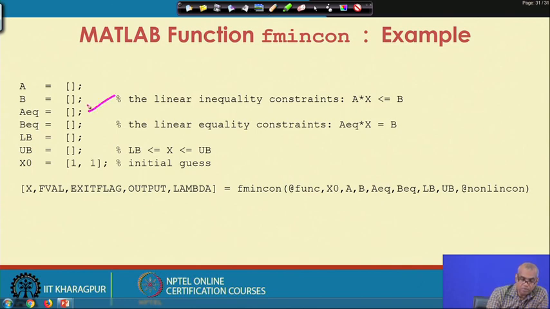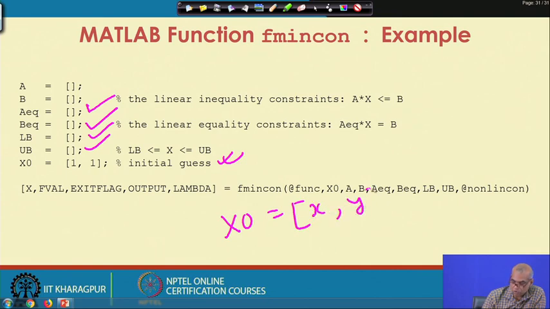I do not have linear equality constraints. So, they are also null. Lower bound, upper bound I am not specifying. Let us say initial case is small x equal to 1, small y equal to 1. So, x 0 is basically small x, small y which is 1, 1. This is the supplied initial guess.